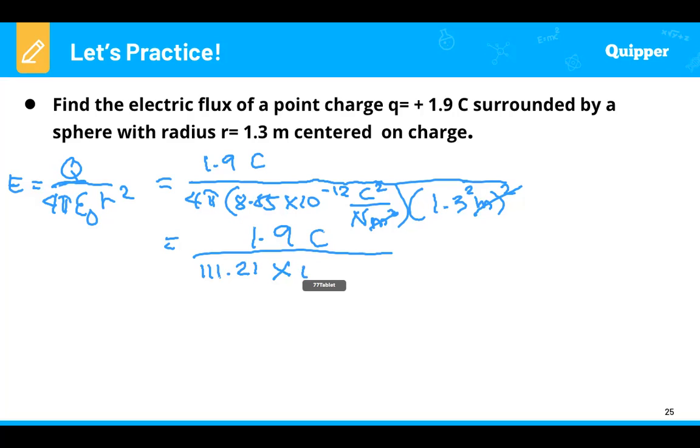You can also try to press those in your calculator so that what we are doing is correct. Raised to negative 12 C squared over N.